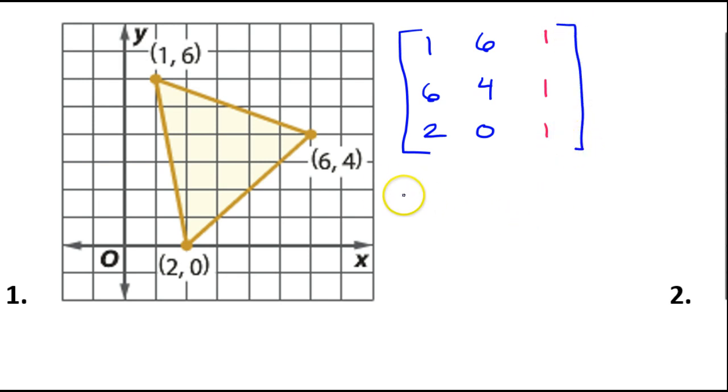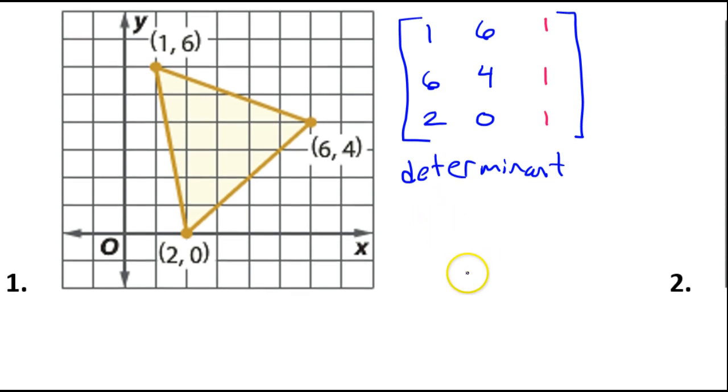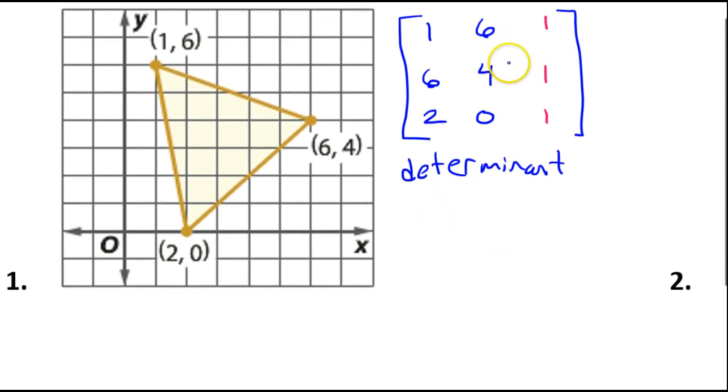Now, if I find the determinant of this matrix, if I take half of that, I will have the area of my triangle. So how do I find the determinant of this matrix? I'm going to use the method that involves cofactors and minors.